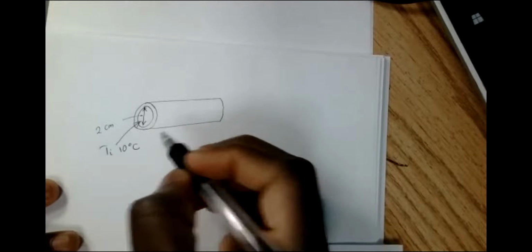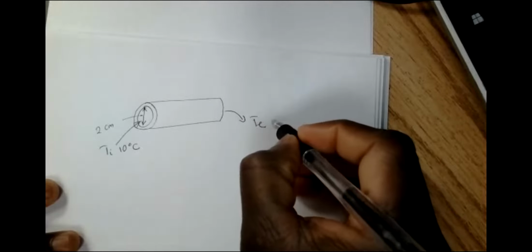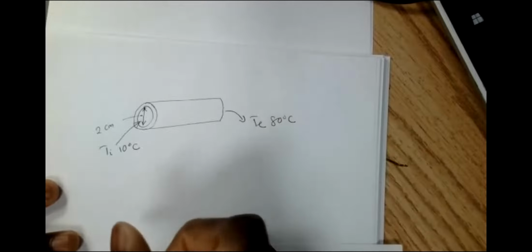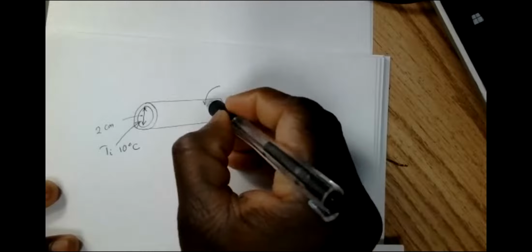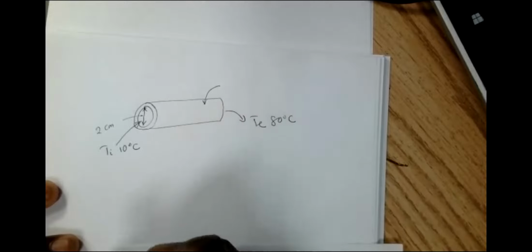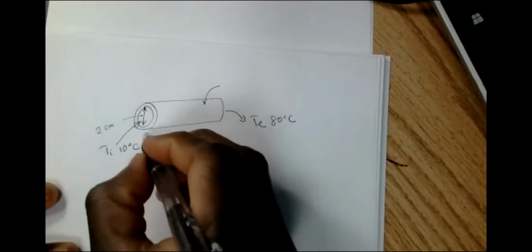The inlet T_i is 10 degrees Celsius, and T_out is 80 degrees Celsius. Once again, we have constant surface temperature. The length of our pipe is 13 meters.